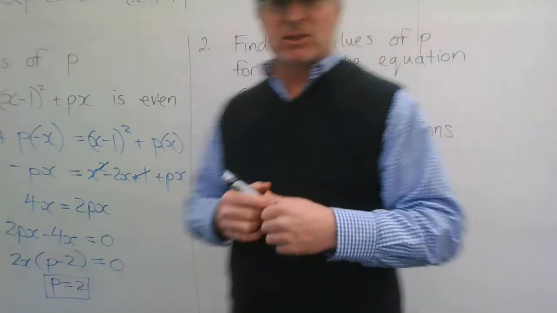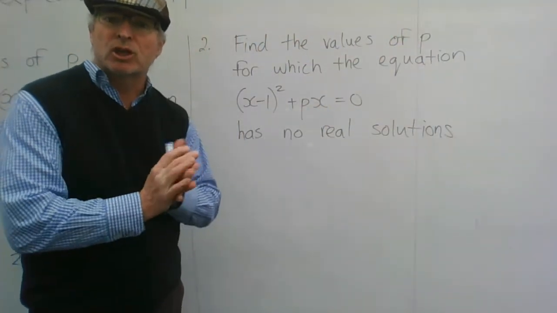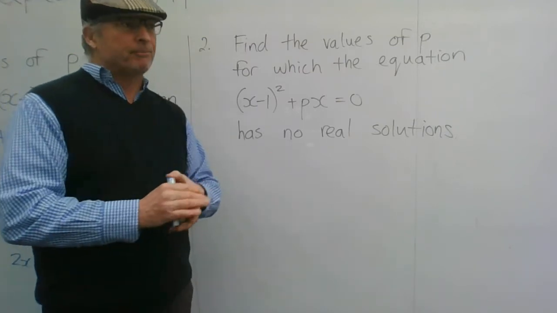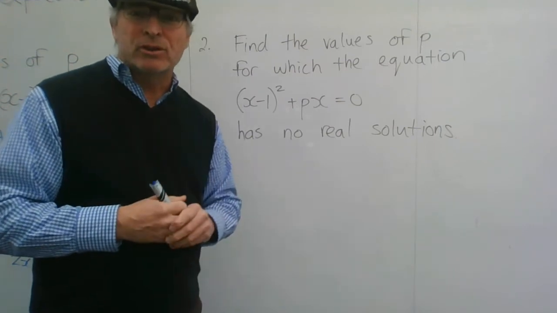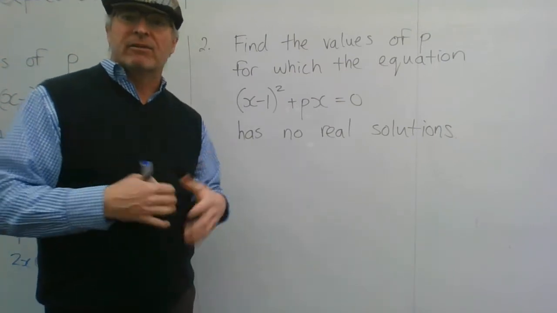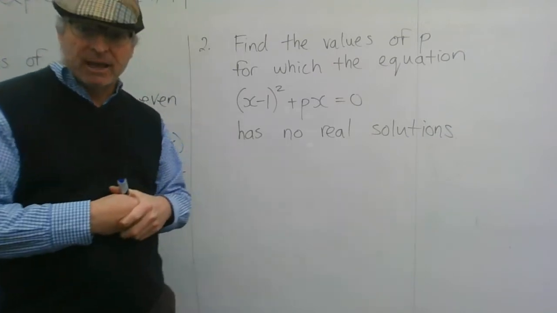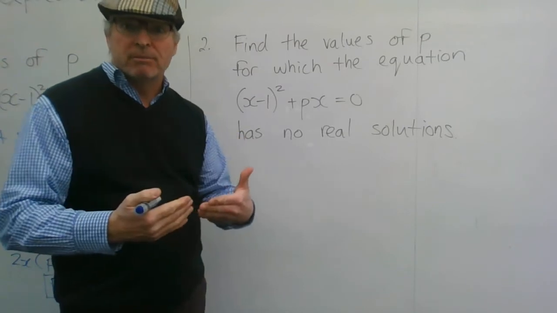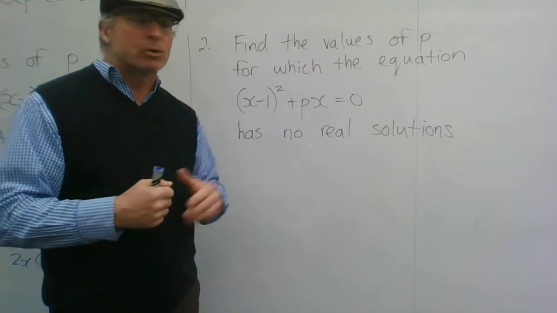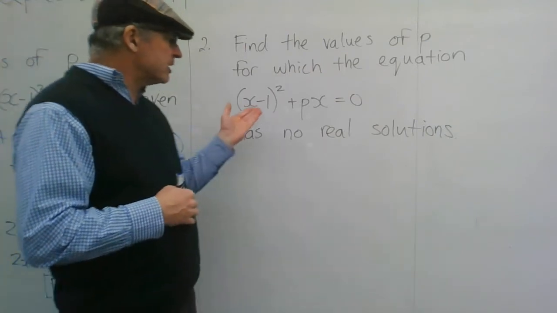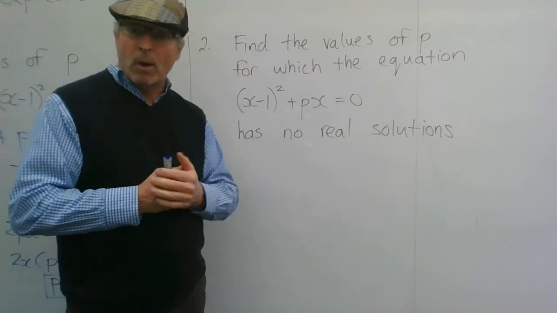Well, there's a few ways to do this, because we know with parabolas, if they've got no real solutions, then in the quadratic formula, the part that's under the square root sign, you want that to be negative, because you can't square root a negative and get a real number answer. So, you know, the discriminant, b squared minus 4ac, if that's negative, we'll have no real solutions. So we could actually find the discriminant of that and see where it is negative. That's one way to do it.